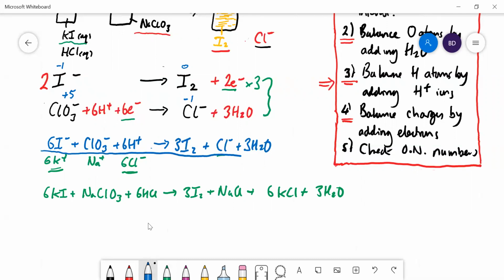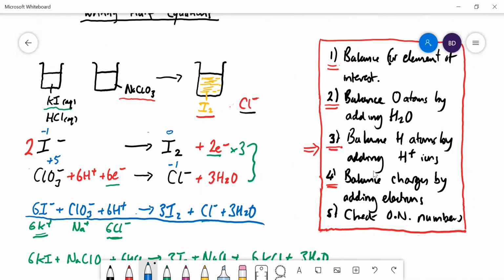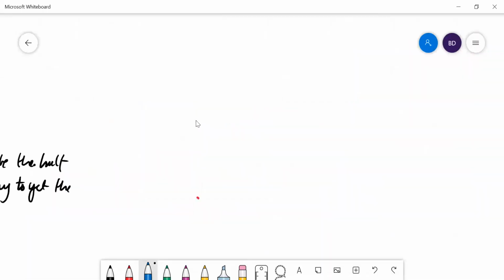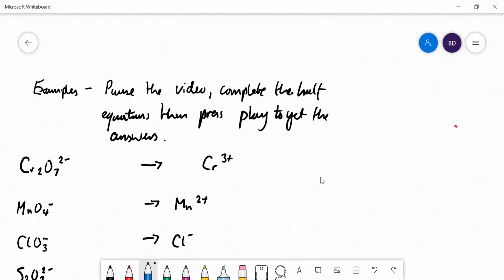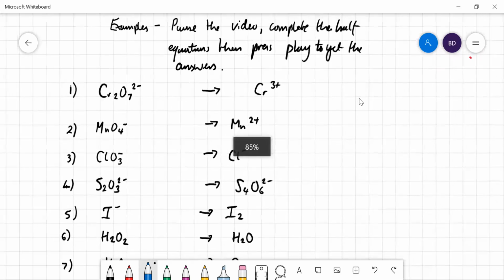Now, the next bit of the video is just for you to have a go at using these rules, these 5 steps, to balance some half equations. So I've got some half equations ready that I did earlier here. Right, here they are. So we have got 10 half equations for you to balance.